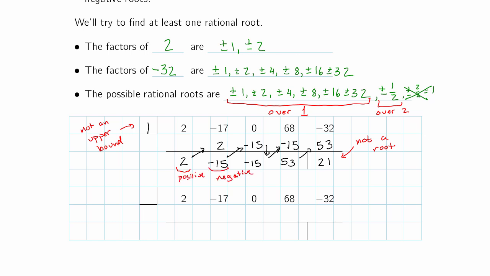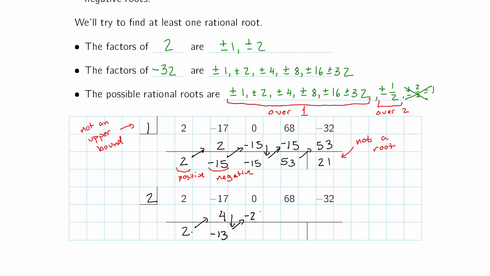Okay, it wasn't an upper bound, so we can try things that are bigger than 1. I'm going to try 2 next, just because it's the next one. Smaller numbers make arithmetic easier. So I drop down the 2. Times 2 is 4. Plus negative 17 is negative 13.